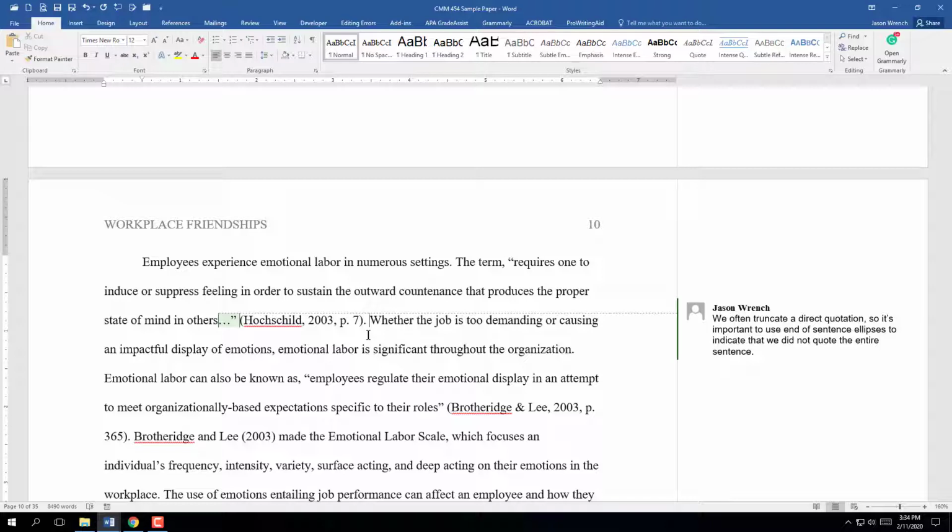So you really need to think through which direct quotations are important. Generally speaking, it's things like theoretical explanations that you really can't paraphrase very well, or definitions. That's really when we want to use a direct quotation. We don't just want direct quotations for everything. And one of the problems that I saw with this specific paper is there are a lot of direct quotations when they realistically could have paraphrased the information better.